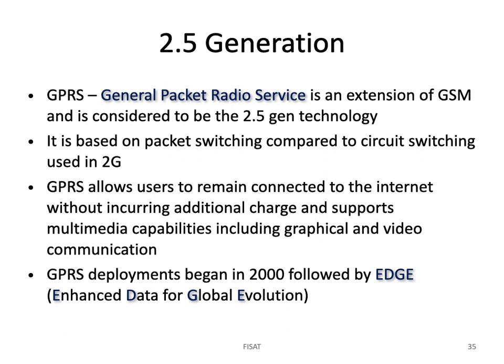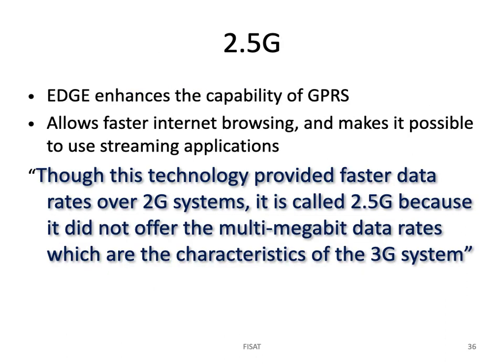GPRS deployments began in 2000, followed by EDGE technology, that is Enhanced Data rates for Global Evolution. EDGE technology enhances the capability of GPRS, allows faster internet browsing and makes it possible to use streaming applications. Though this technology provided faster data rates over 2G system, it is called 2.5G because it did not offer the multi-megabit data rates which are the characteristics of the 3G system.